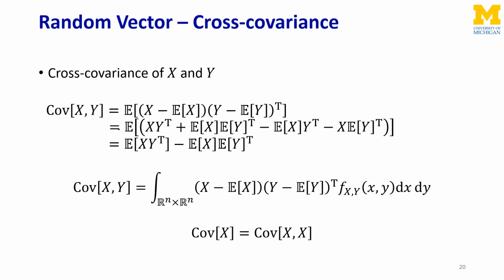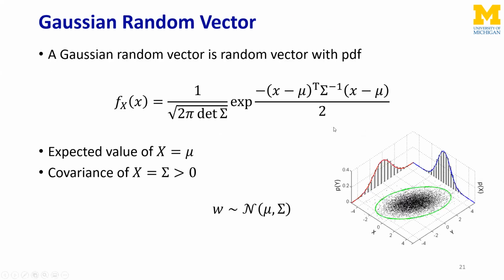But again, we don't really need any intuitive sense. All we need from cross covariance is that it satisfies this expression. And actually, the covariance is just a special case of cross covariance. If you find the cross covariance of x with x itself, you just get the covariance of x. So that was the short course on probability, and that's all we're going to need to construct optimal filters, optimal state estimators, and the Kalman filter.